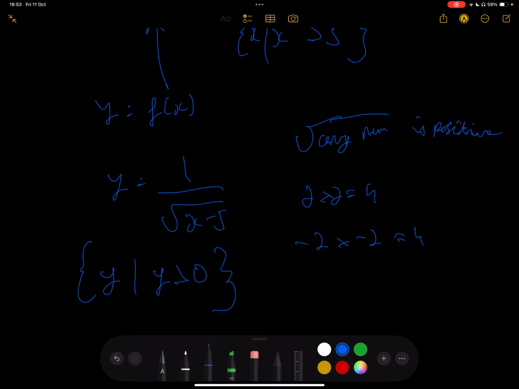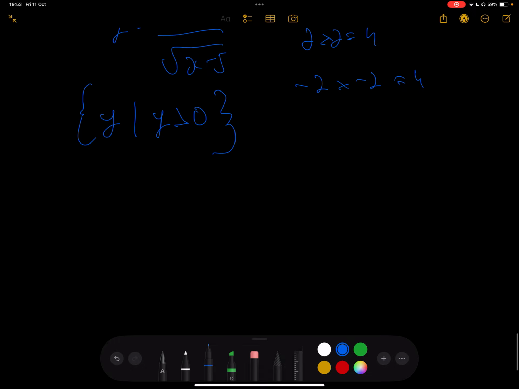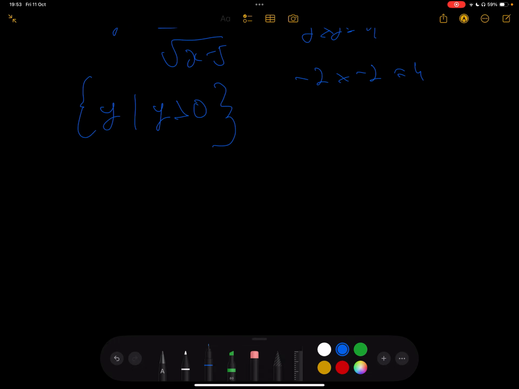Alright, let's look at the natural domain now. So here's some examples of the natural domain. If the domain is not specified, we can use the natural domain.